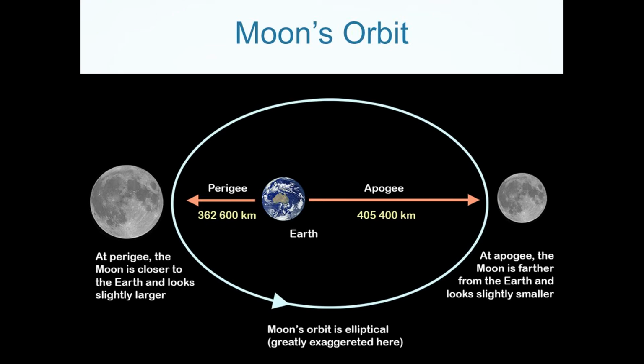So when you are looking up at the night sky and you see the moon, you can get a sense of whether it's approaching the perigee or the apogee. Because if it's at the perigee, it's going to look a lot larger, versus at the apogee where the moon will look kind of small.